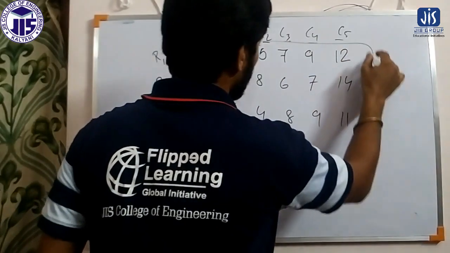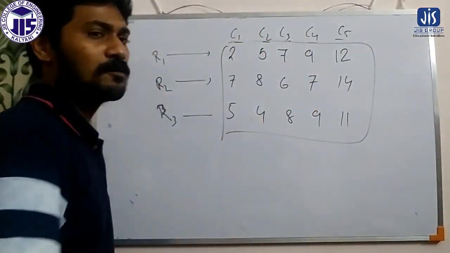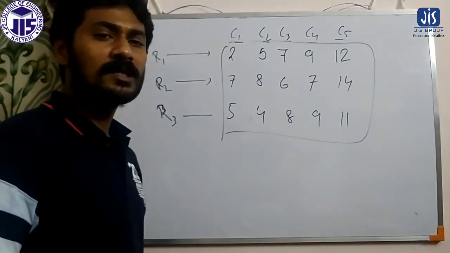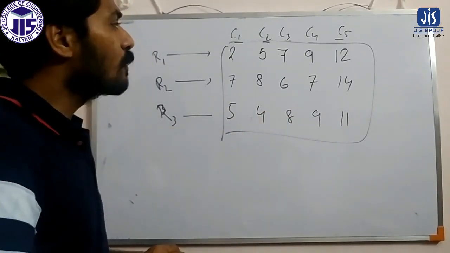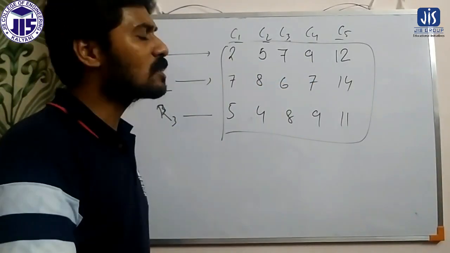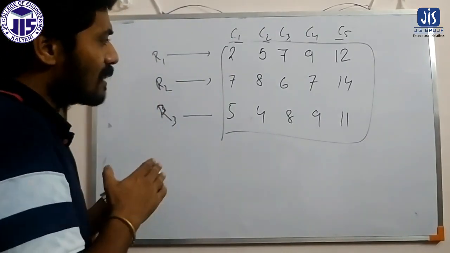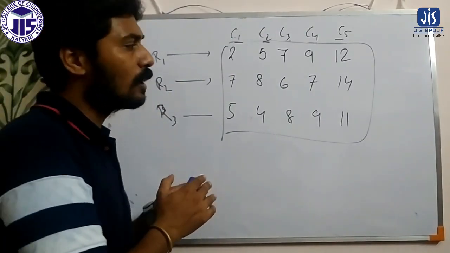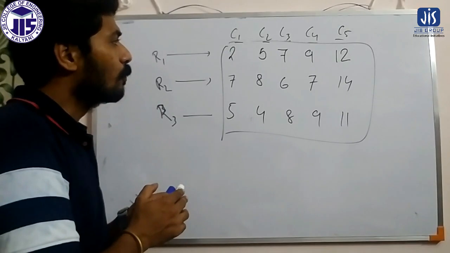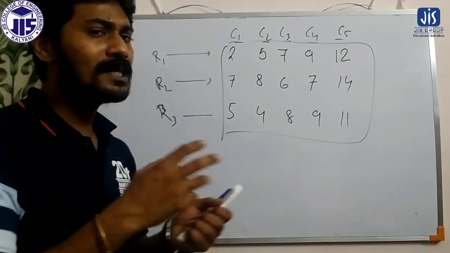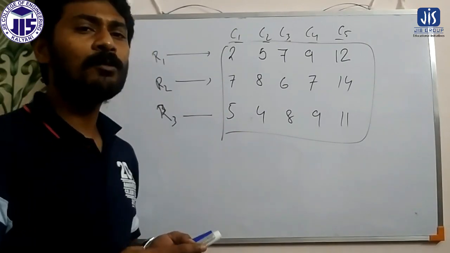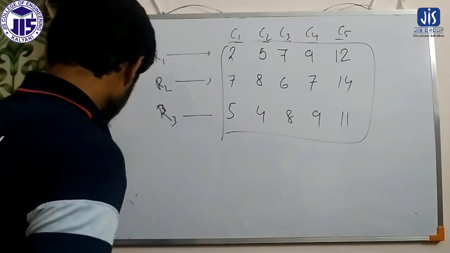So this is like a matrix basically. This is called a two-dimensional array where we have multiple rows and multiple columns. Now there is a difference between one-dimensional and two-dimensional. As the number of rows and number of columns both are variable here, the representation of the element in the array will also somehow differ.